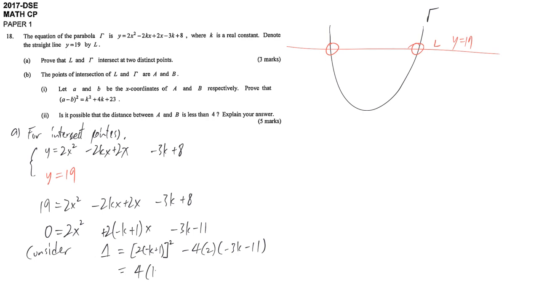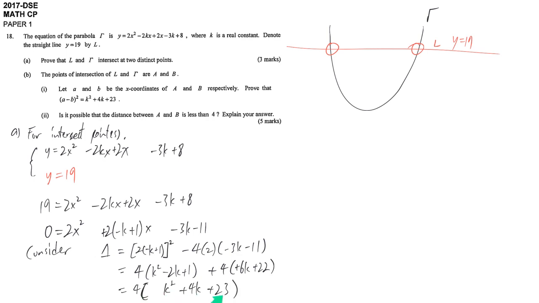So this is 4 times (k squared minus 2k plus 1), and then plus 4 times negative 2 multiplied by what's inside, positive 6k, and then positive 22. That's why we have k squared plus 4k plus 23.